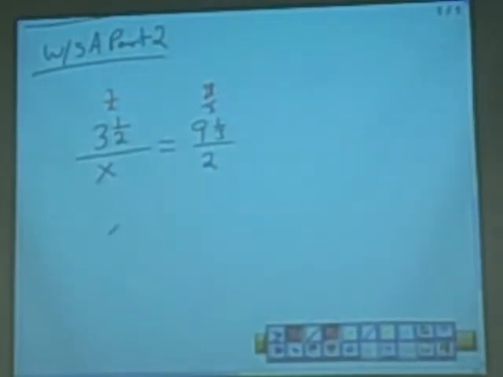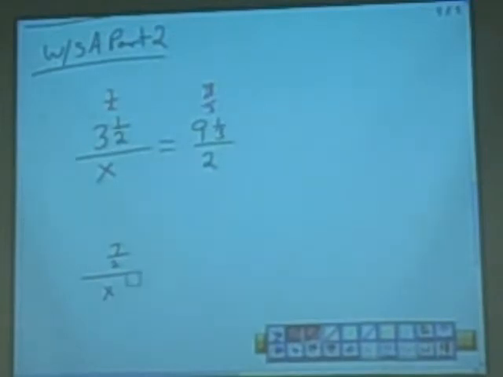So this is what we've got: 7 over 2, and that's over x. And I like to make the line that divides the two expressions larger, so that it makes it a little easier to see the numerator and denominator.